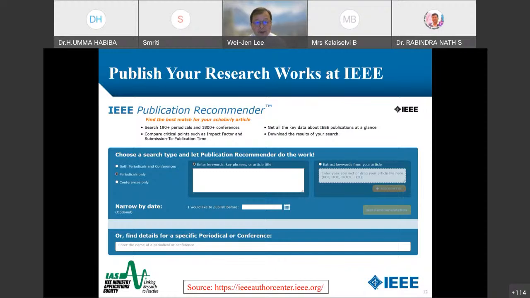When you look at this, the publication recommender will give you some suggestions based on your keyword and your area of interest. That way, you can decide which journal or conference to submit your paper and research work to.